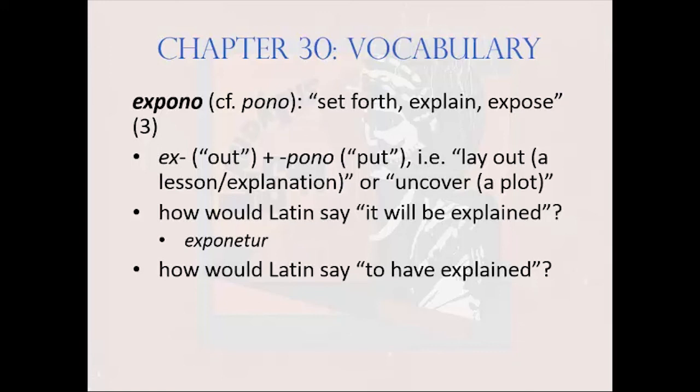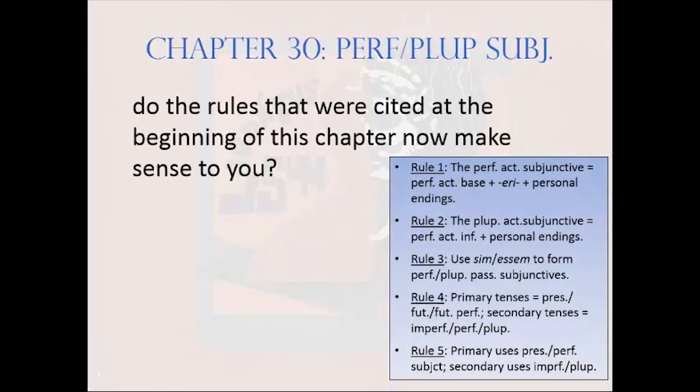Tense, perfect, mood or form, infinitive, voice, active, and the ending used to create all perfect active infinitives in Latin is isse, which is added to which principal part? The third minus i. So the answer is exposuisse.